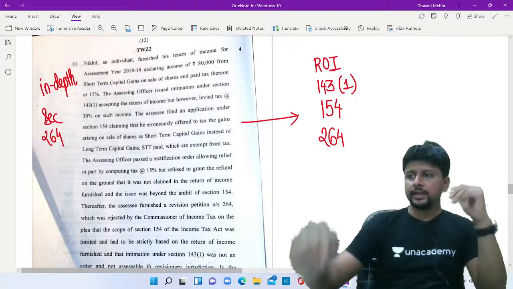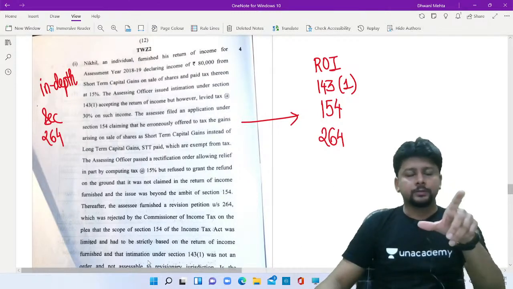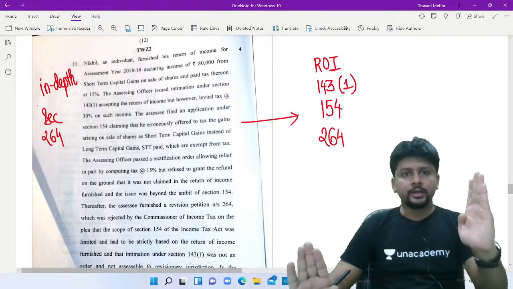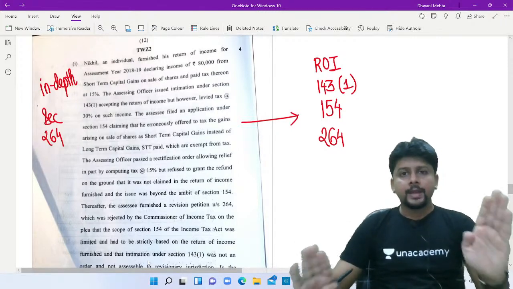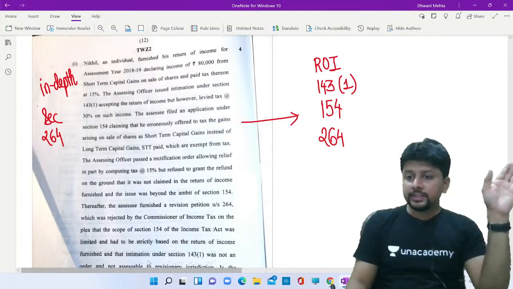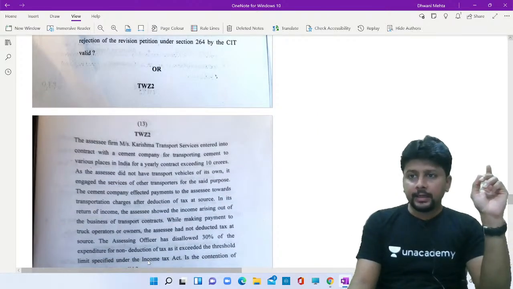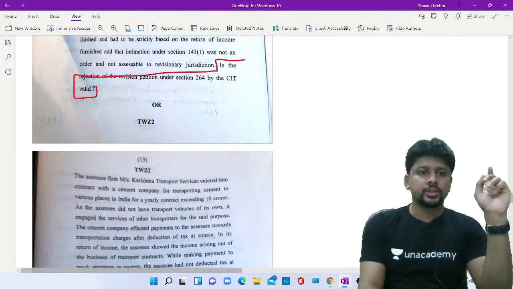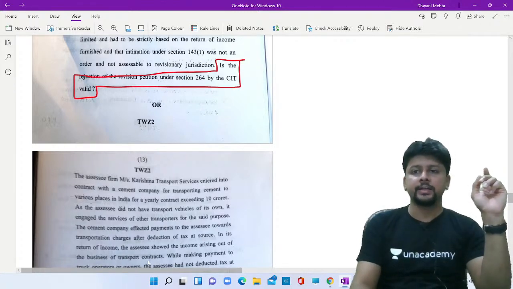A story was created that was, to be very honest, confusing also. So a student had to patiently read the question, and after reading the question, analyze the sequence of events. And then the question is asking that the commissioner has rejected the revision petition, and is that rejection valid?